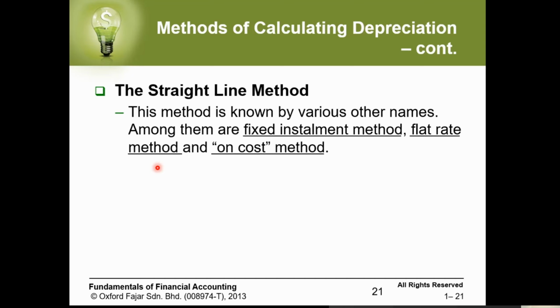Straight line method is very easy. As you saw in the example I showed before, like 15K, the price of the machine, we divide it by its useful life, which is 3 years, but we need to reduce its scrap value. This method is known by various other names: fixed installment method, flat rate method, or on cost method.